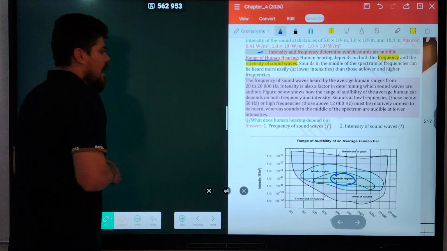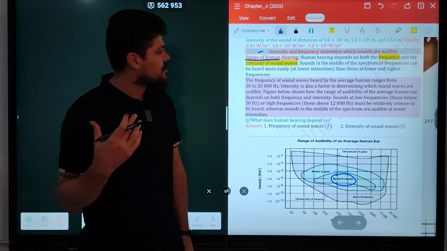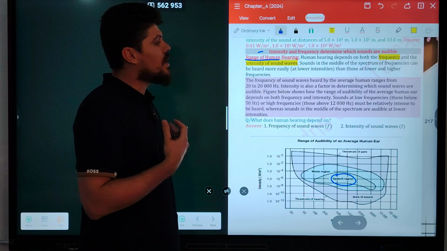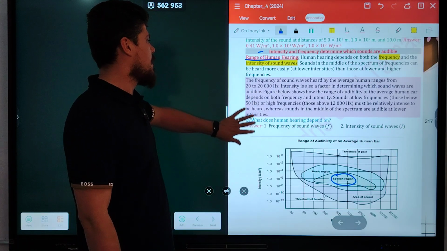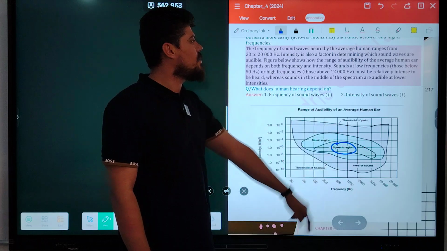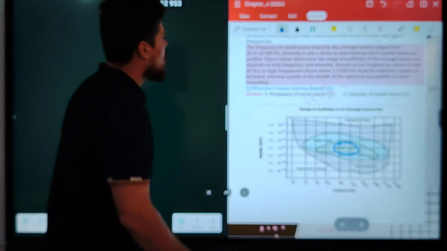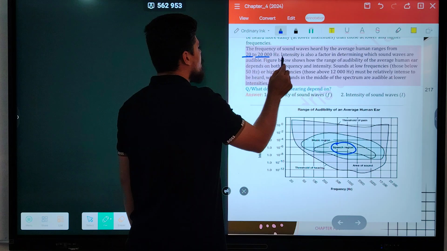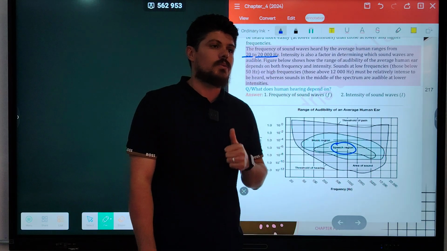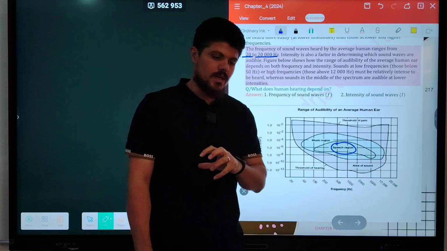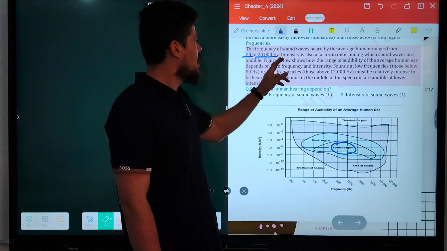The frequency of sound waves heard by the average human ranges from 20 hertz to 20,000 hertz. What is the range of audibility of the frequency? From 20 hertz to 20,000 hertz. This is the range of the frequency.